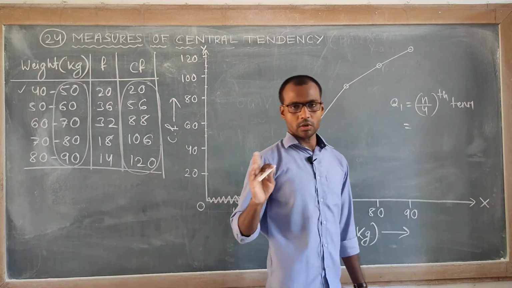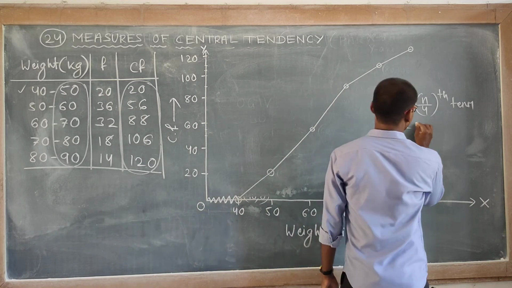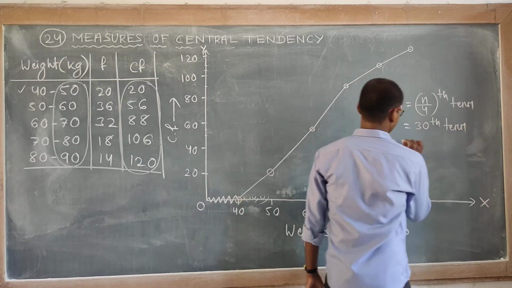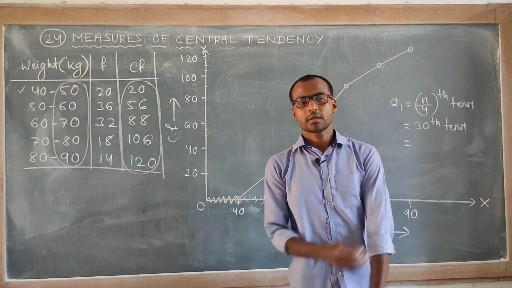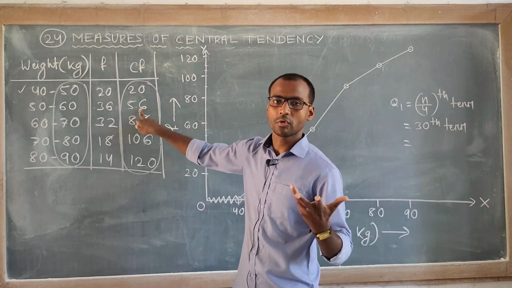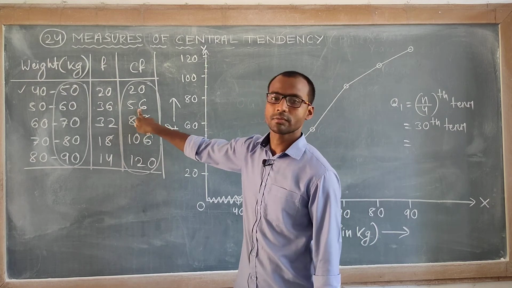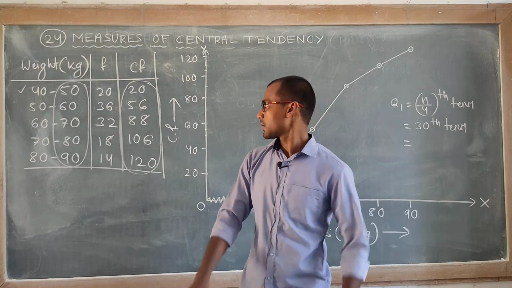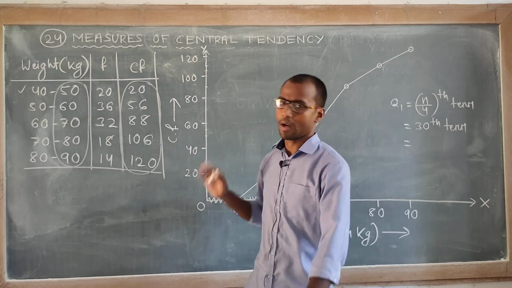N is 120, 120 by 4 is 30, so 30th term. Now we look at the 30th term. From the table its weight will be in between 50 and 60, but we want the exact value. So that you can find from the graph.